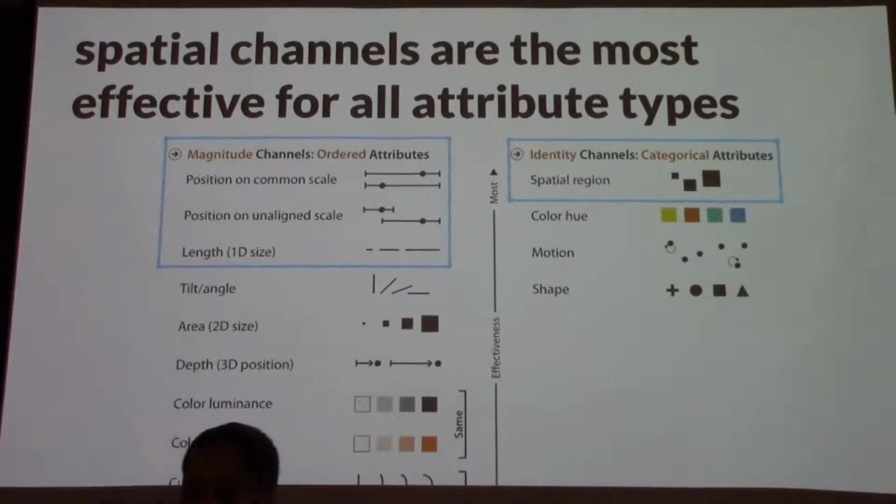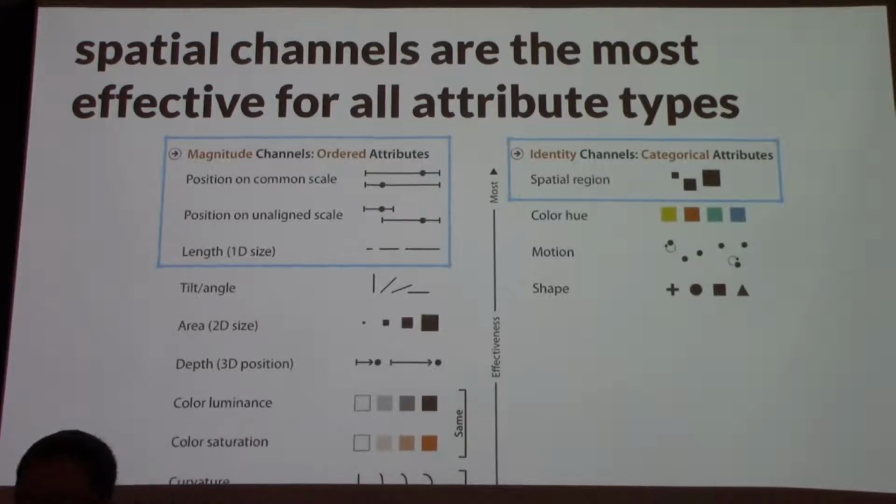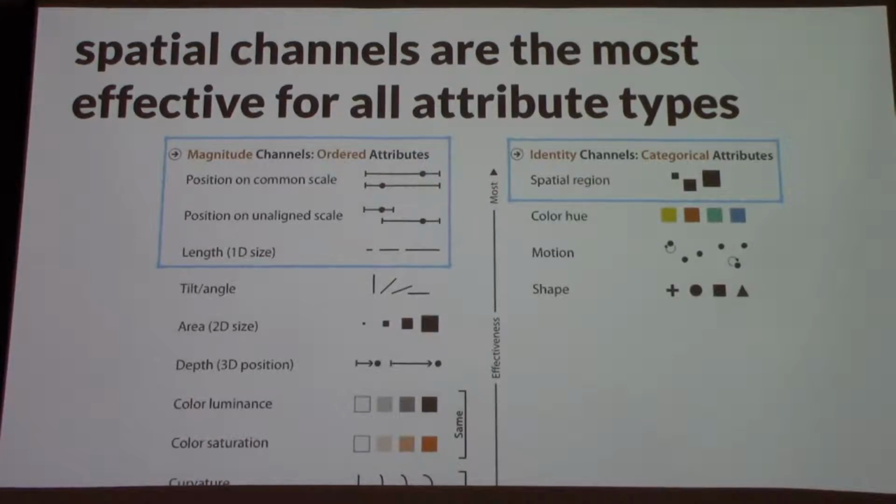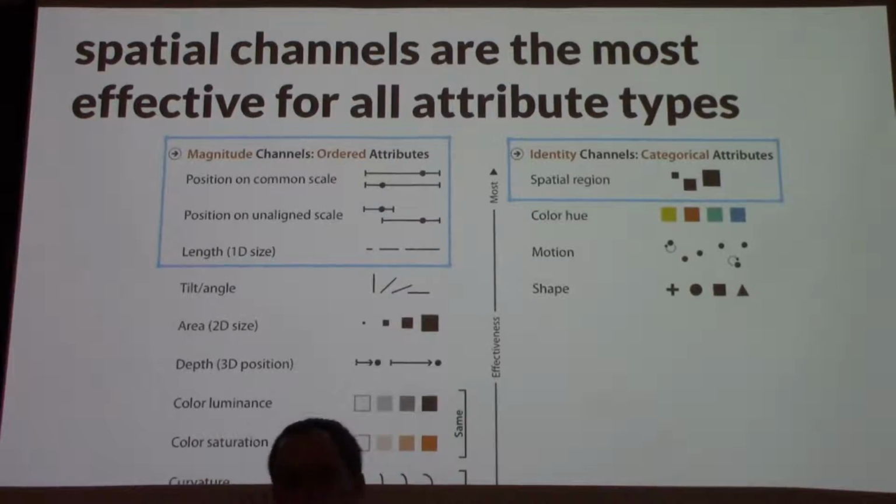And for tables, really the spatial channels are the most effective and the most important. So how you choose your space, as always, is really critical. This is for reasons of perceptual efficiency, of course, but also we are really good as humans at orienting ourselves in space.